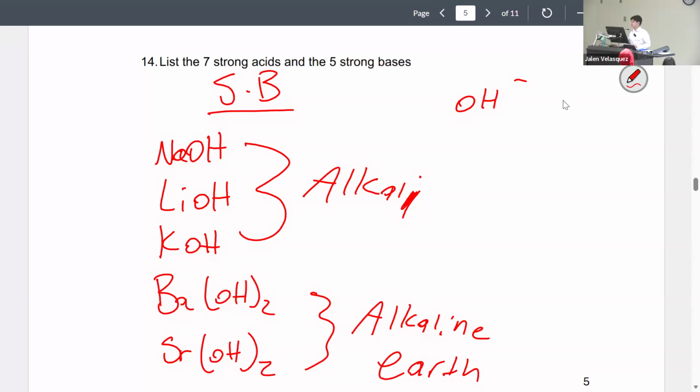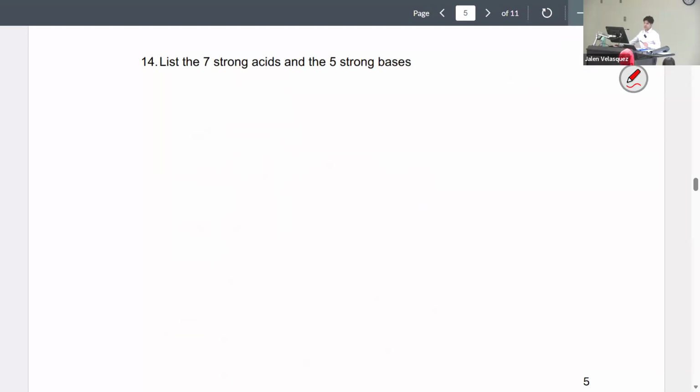Yeah, good question. She asked, what about calcium hydroxide? Calcium hydroxide is a strong base, but for the purposes of this class, we say it's not. So I know it's confusing. There's also, I think, 2 more strong bases, but just know these 5 for this class, okay?